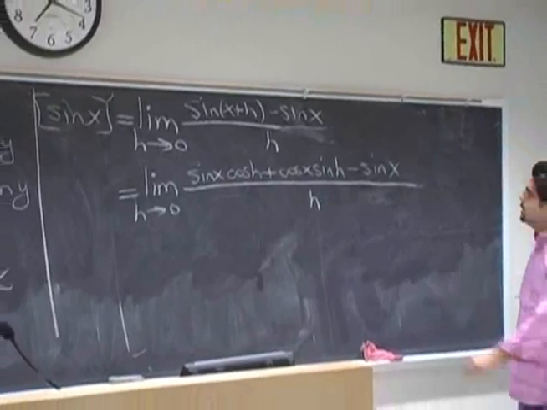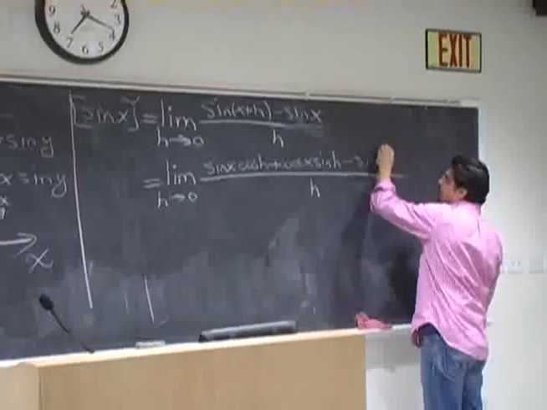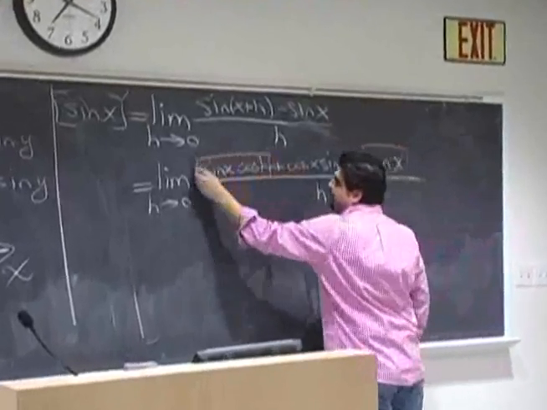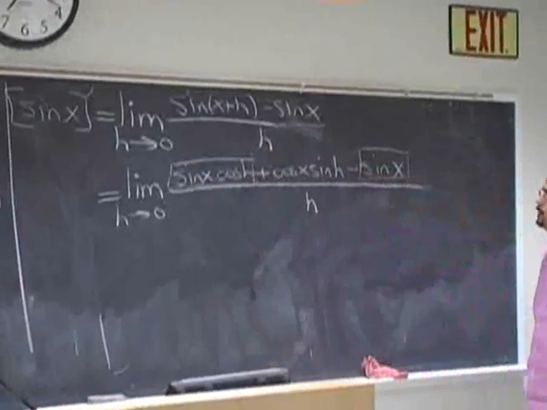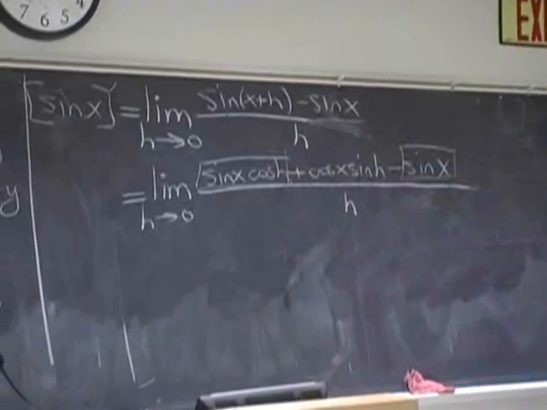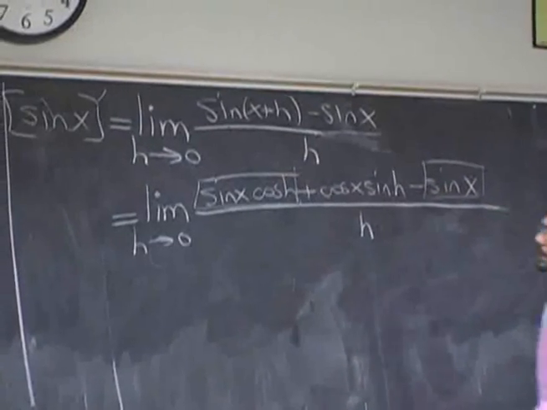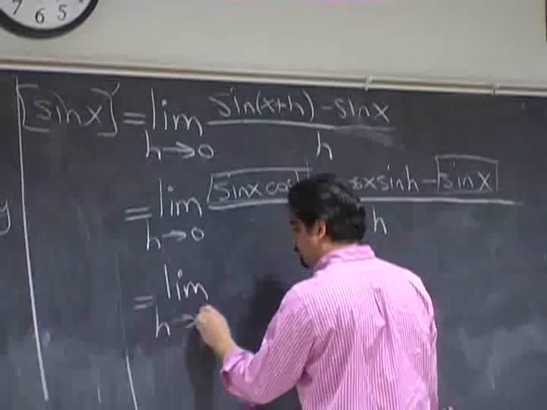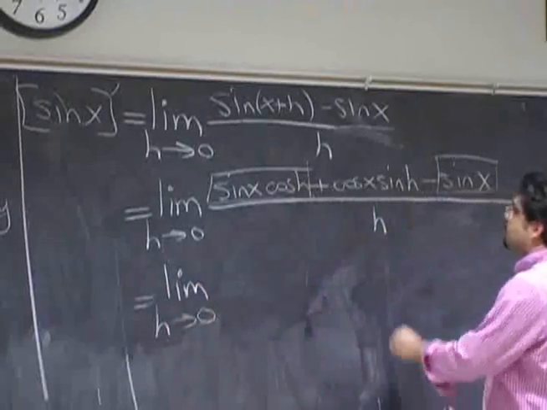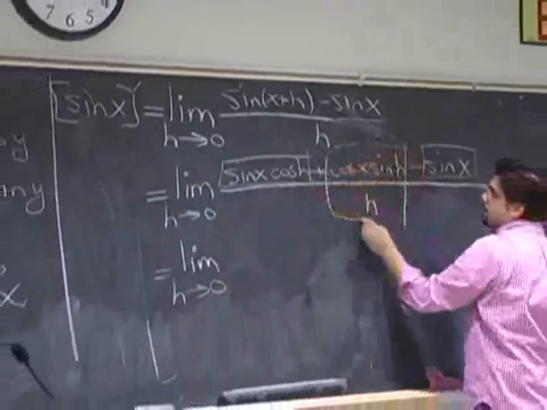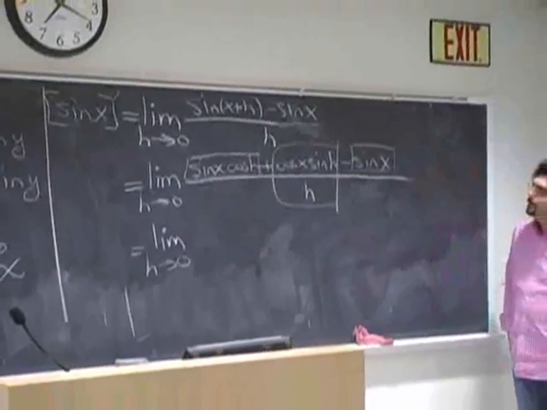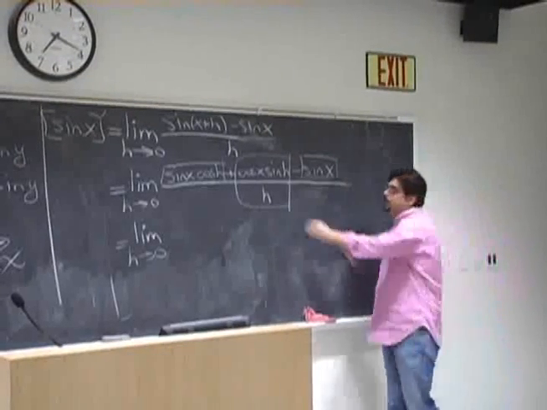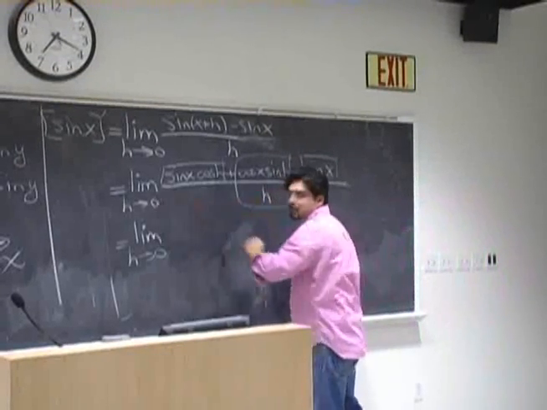And then we see that this term and this term have a common factor, right? What is that common factor? Sine x. And if we just look at this term by itself, do we see anything familiar? Sine h over h as h goes to 0, right?